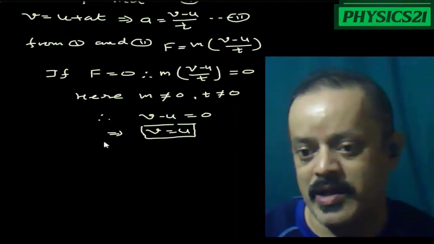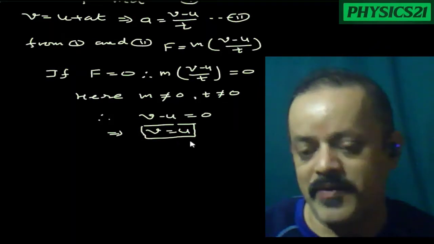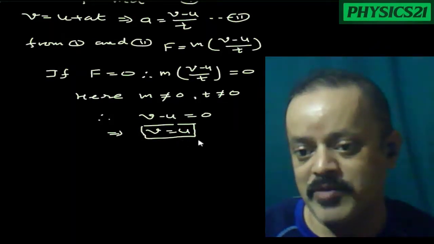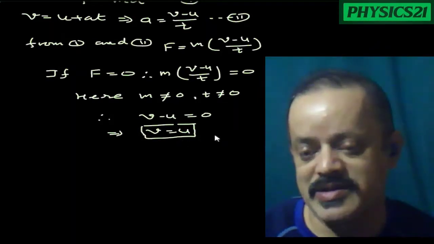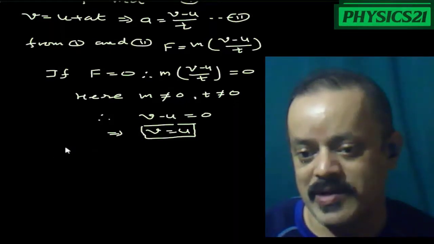This is the inertia of rest. If the body is in uniform motion, moving with some velocity u, then it will continue with the same uniform velocity. This is the inertia of motion. So overall we can say this is Newton's first law of motion.